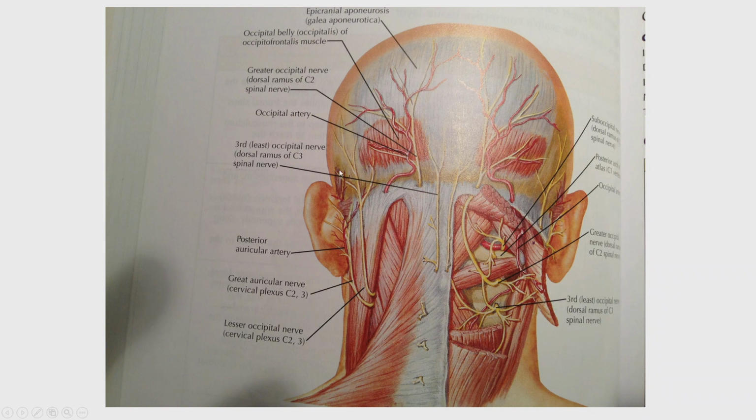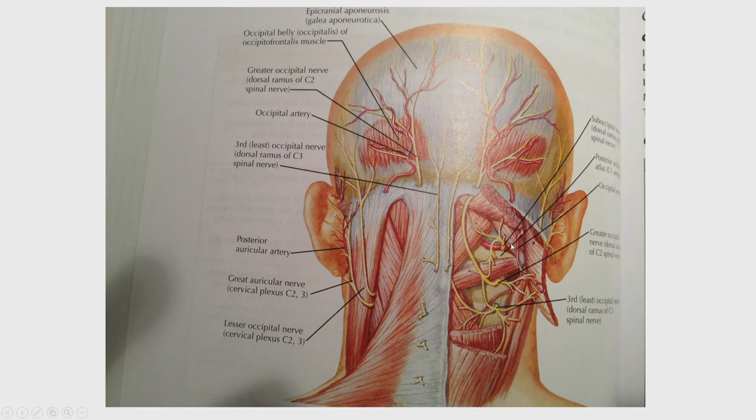The very famous nerves are the suboccipital nerve, the greater occipital nerve, and the third occipital nerve. The greater occipital nerve and third occipital nerve are responsible for the sensitive innervation of the backside of the occipital region and the backside of the neck.